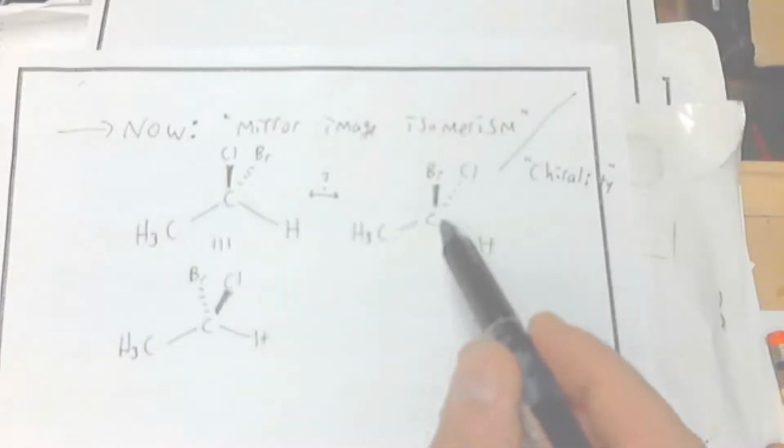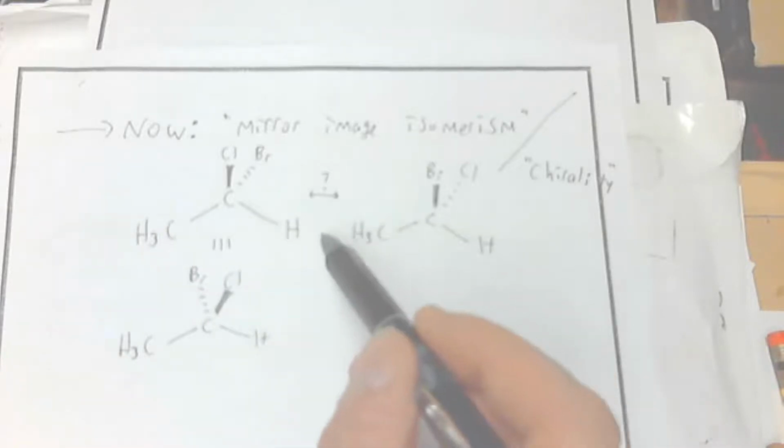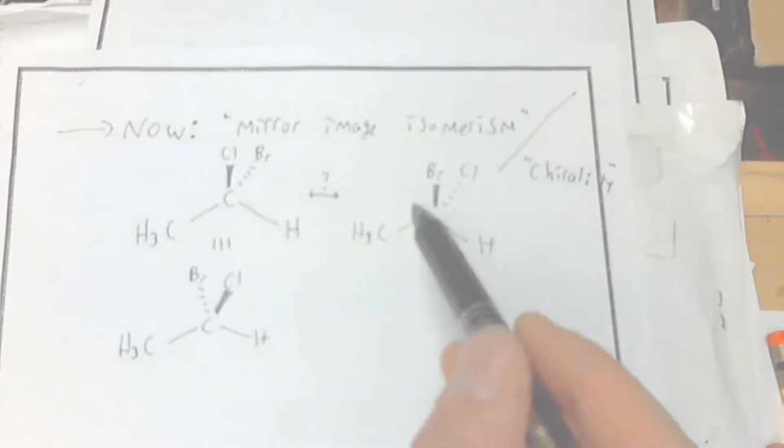So are these the same? I mean, it looks like some parts are the same. CH3, CH3, H, H, but the difference is maybe the Cl is going towards us, the Br is going away. Br is going towards us, Cl is going away. That's an actual difference.